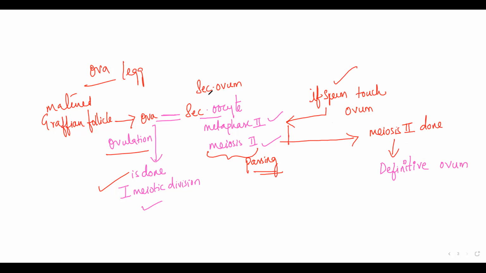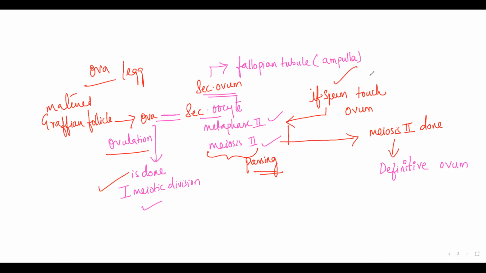So at the stage of secondary ovum or secondary oocyte, we can see that this is entering into the fallopian tubule, especially the ampulla area, for the arrival of the sperm.